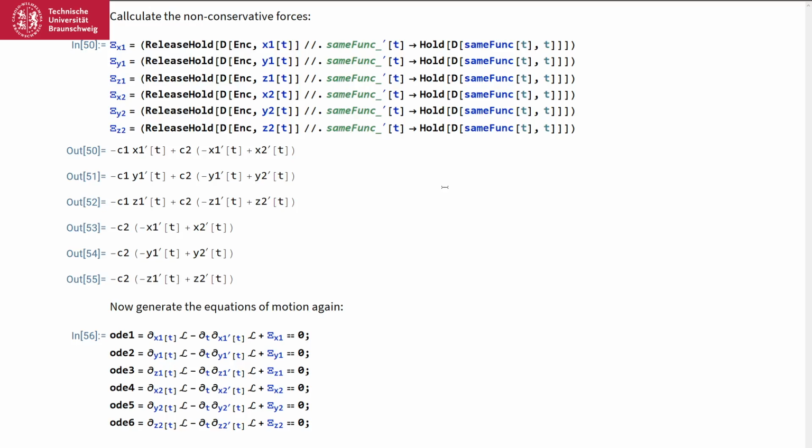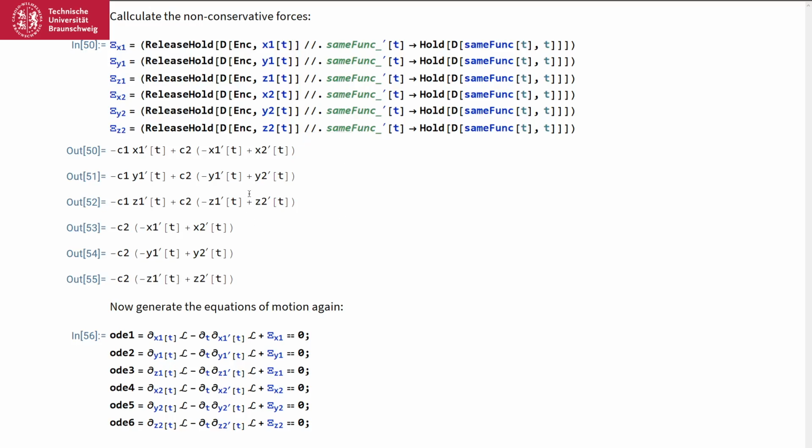Then we define our dissipation for all coordinates. Since there is no explicit time derivative in this, this will not do anything in this case, but in case there would be, we should always do this.